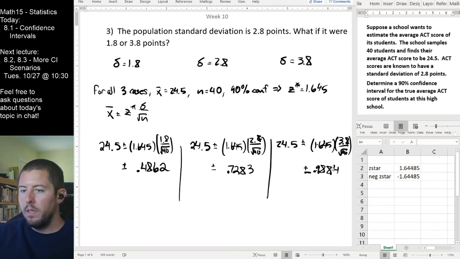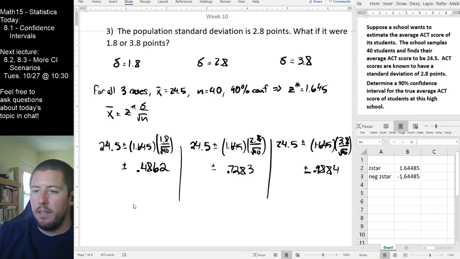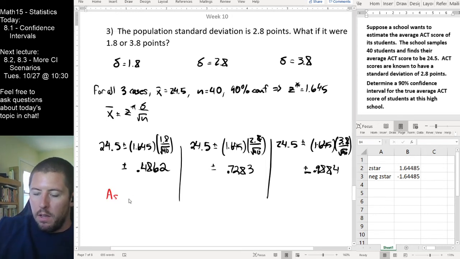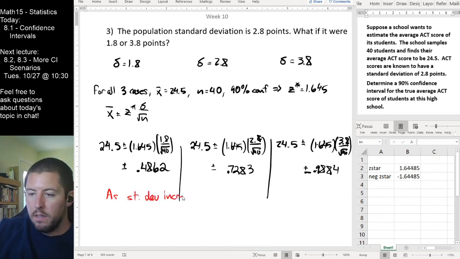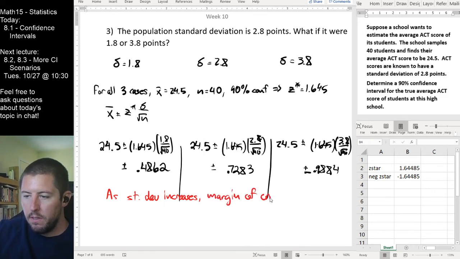And here we can make a very similar observation as we just made on the last one, except in this case, notice it's opposite. As standard deviation increases, margin of error increases.